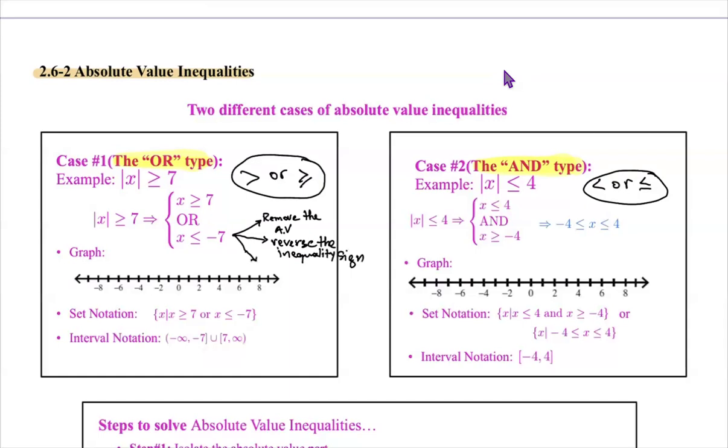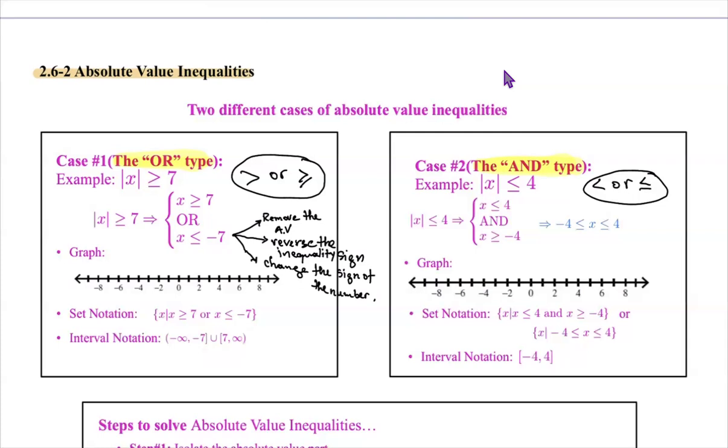And third, you will flip the sign, change the sign of the number. So three movements: drop the absolute value sign, reverse the inequality. If it was greater, then it turns less than, or greater than or equal, less than or equal, and then change the sign of the number.